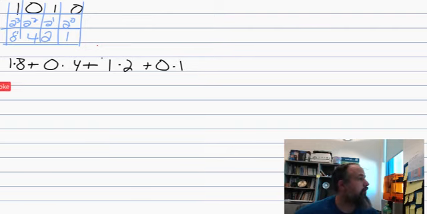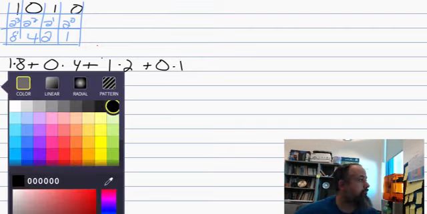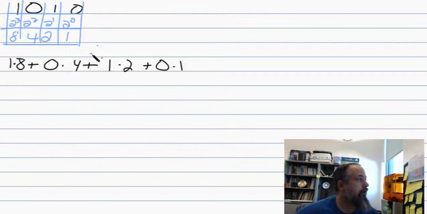Right? We all know that's what that means. Well, we know anything times 0 is nothing, right? So we can just cross those off. 1 times anything is itself, so those 1's don't matter. So what we end up with is 8 plus 2.